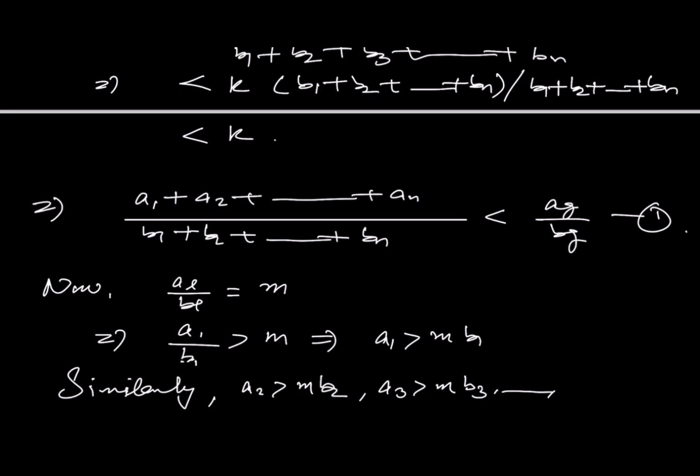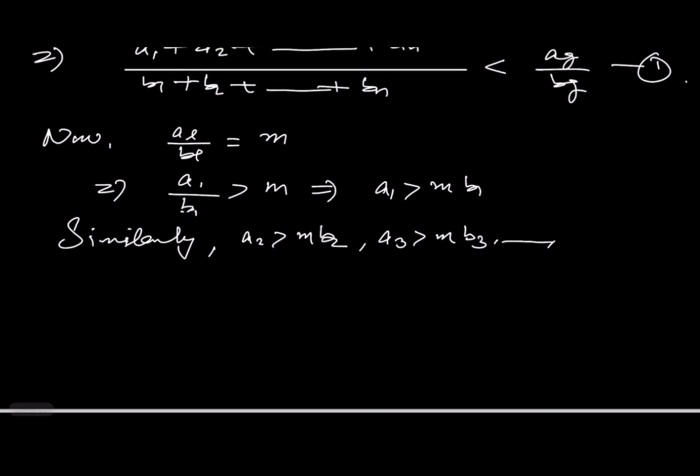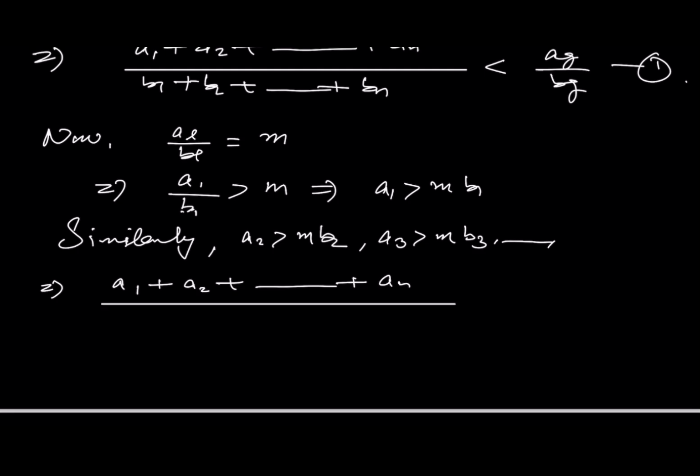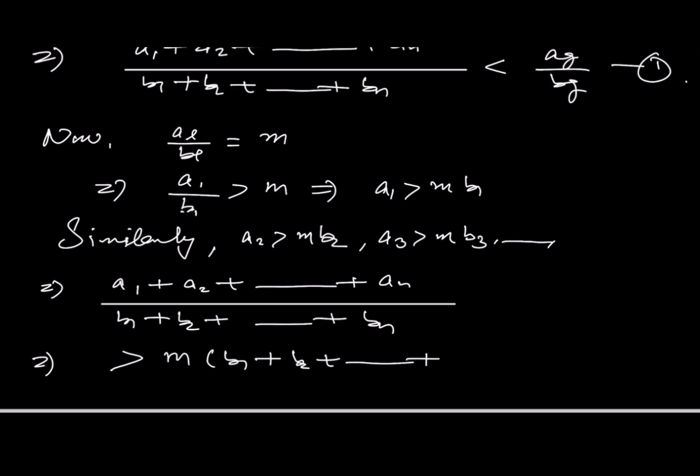So (a1 + a2 + and so on up to an)/(b1 + b2 + and so on up to bn) must be greater than m times (b1 + b2 + and so on up to bn)/(b1 + b2 + and so on up to bn).